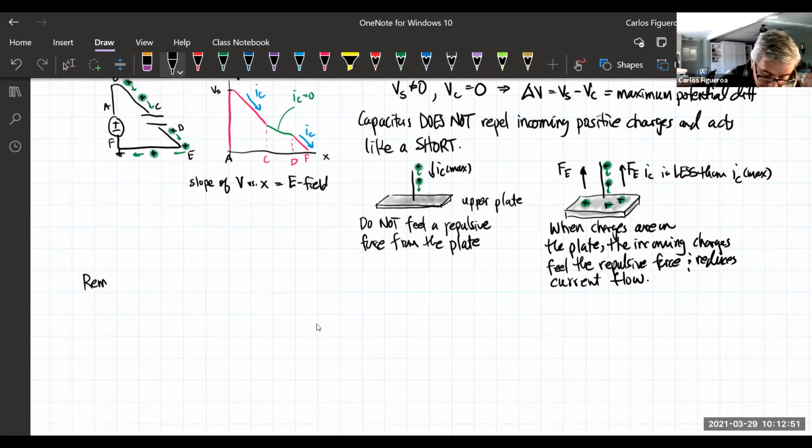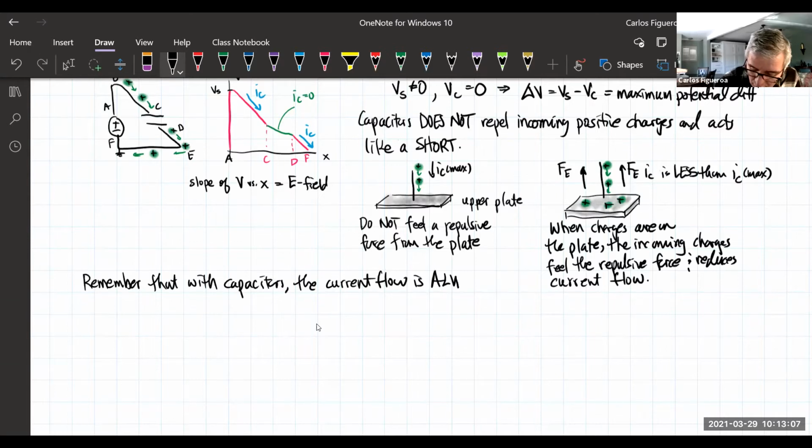Remember that with capacitors, the current flow is always changing as a function of time.